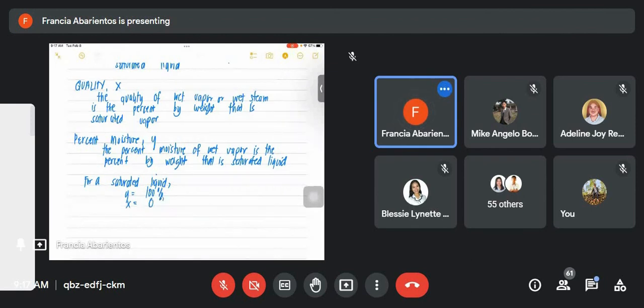For a saturated vapor, our quality is 100% and our percent moisture is 0%. In the steam table, we have this X and Y.